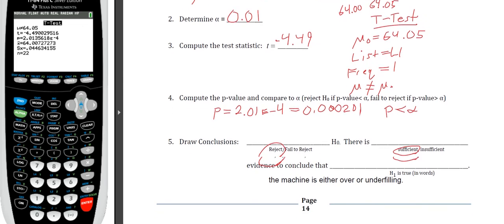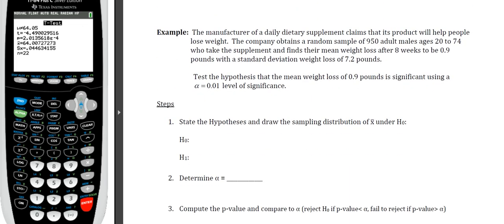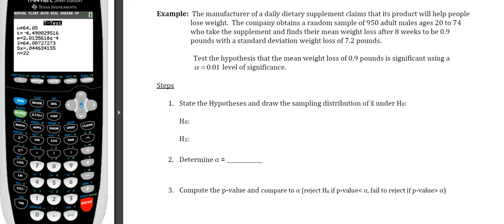All right, one more. Now again, if you have not already, please pause the video, try this problem on your own, and see how you do. The manufacturer of a daily dietary supplement claims that its product will help people lose weight. The company obtains a random sample of 950 adult males. So 950, that is our N value here.